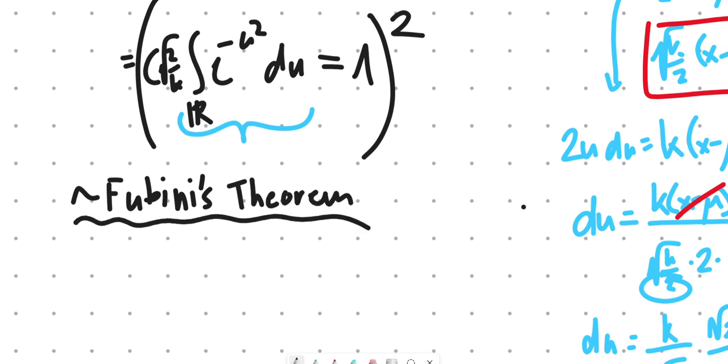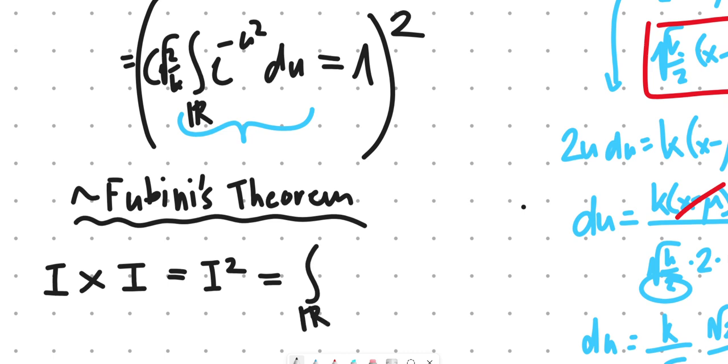Fubini's theorem states that if you have a function or an integral I, and you multiply it with the same integral I, which is going to be I squared, it's going to be equal, for this example, over the real numbers, to e to the negative (x squared plus y squared) dx dy.